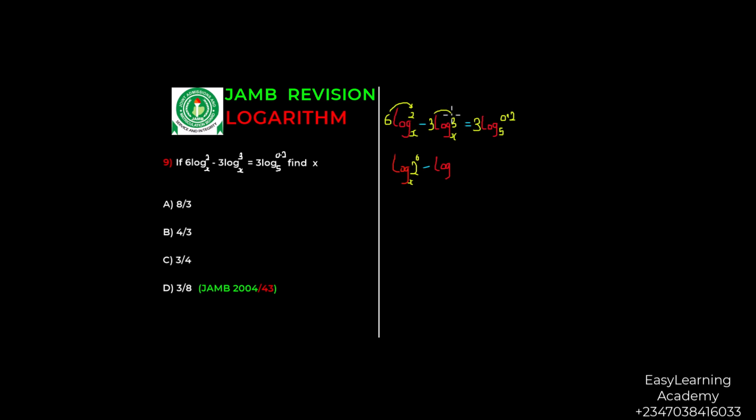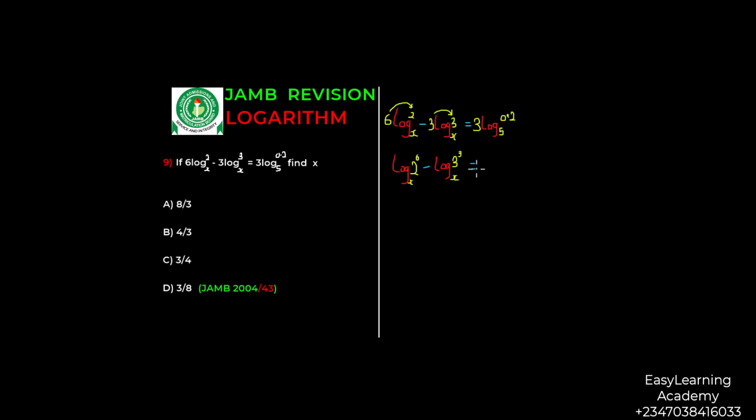It will become the power of this other 3. Okay, let's work with that. And then that will be power 3, and we have here the base x remains, and of course it will be equal to everything that we have here.